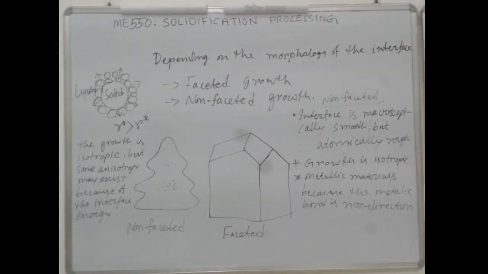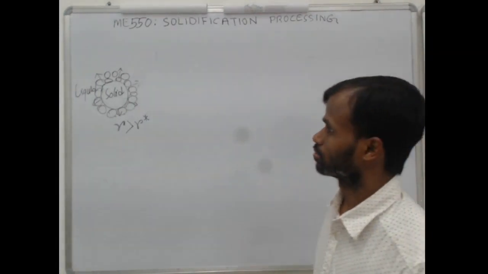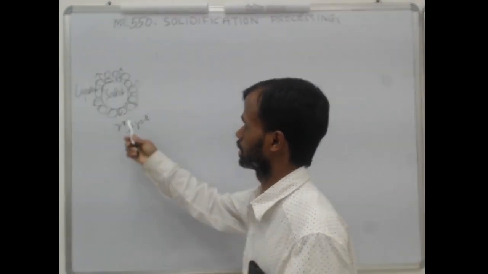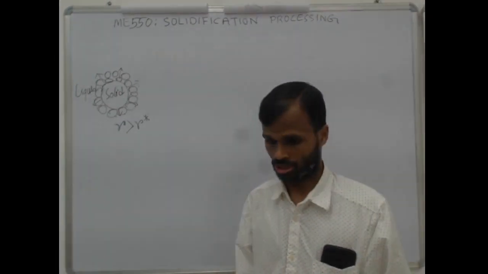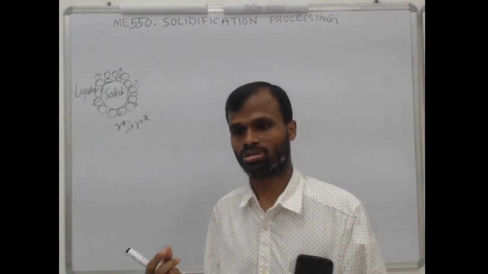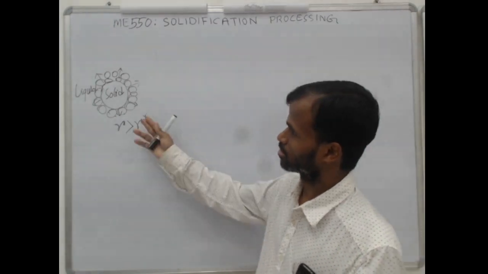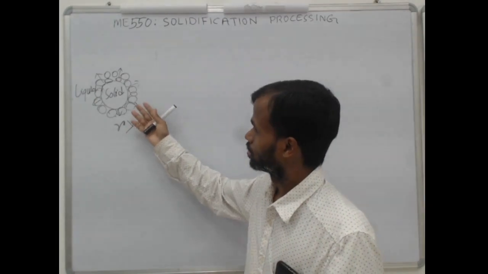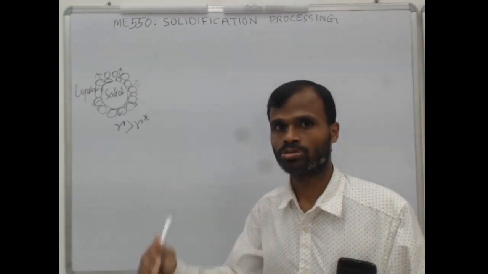So now, the growth rate when you have a nucleus. It will grow for completing the solidification. If we see the kinetics of atom transfer around the interface, then we can simply say that the growth rate will depend on, you see, both the solid and liquid are at relatively high temperature, maybe very close to melting point.